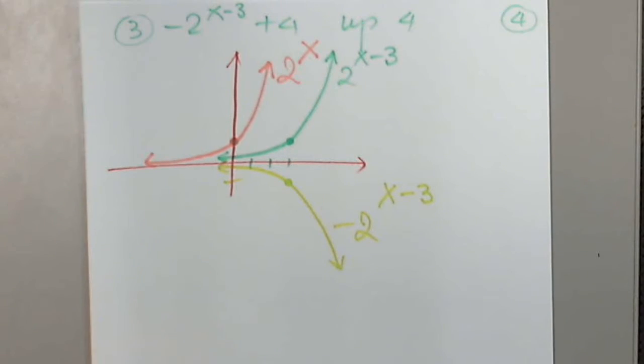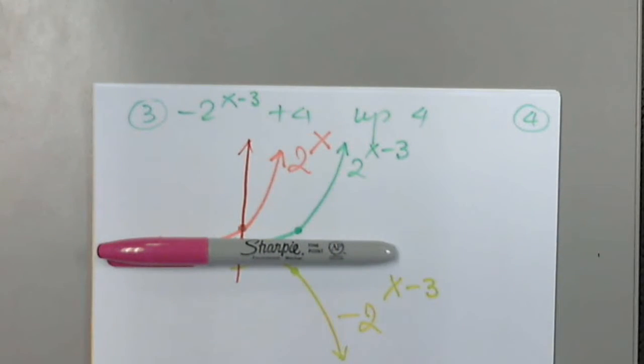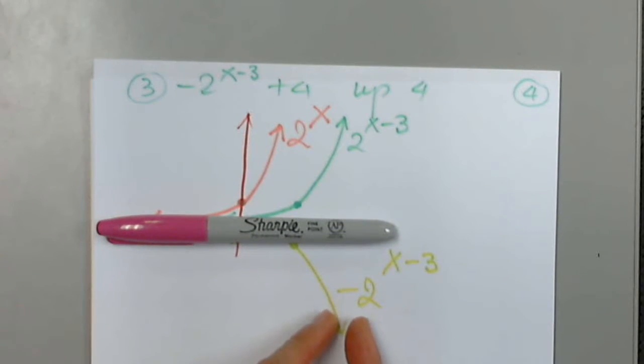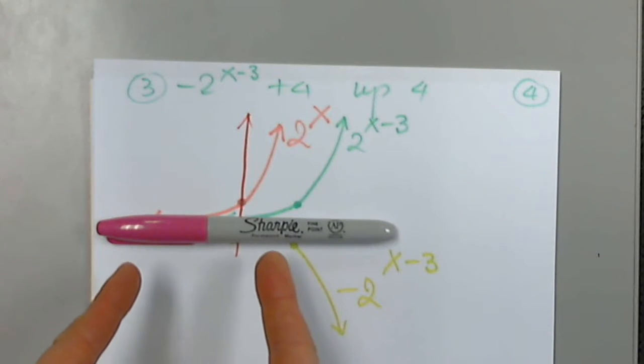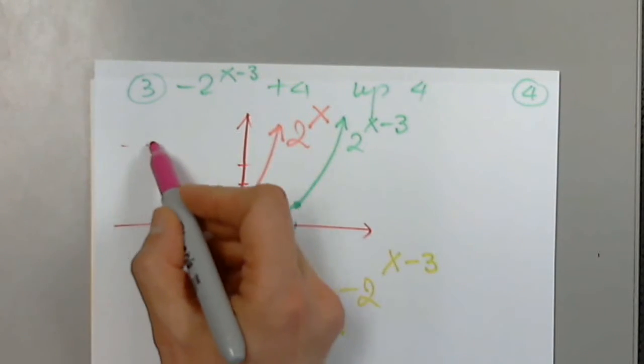Perfect. And now the final step, you said? Up 4. But remember, all these 3 functions have a horizontal asymptote, y equals 0. When I shift this graph up 4, where will y be? y equals 4. Exactly. I have to shift the horizontal asymptote first.